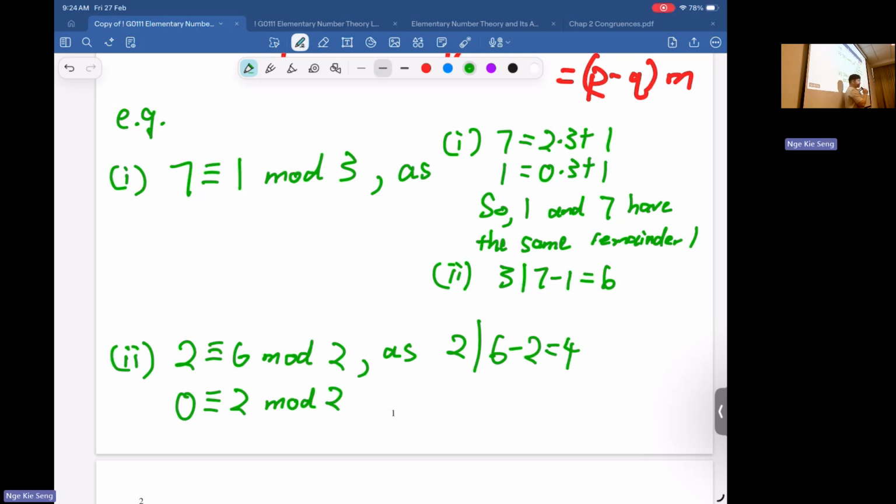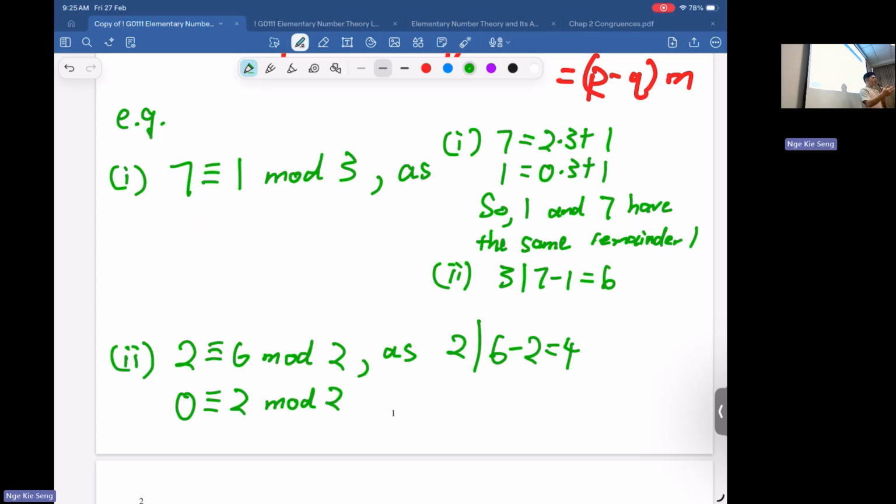So the idea here is we can reduce everything to the remainder, where we can be congruent to some remainder. But then this remainder is really restrictive, right? Because let's say if you divide by 3, what are the remainders you get? If any number is divided by 3, what kind of remainder do you get?